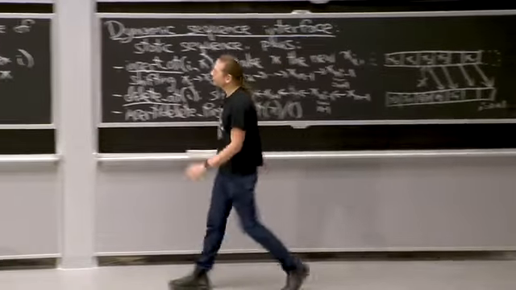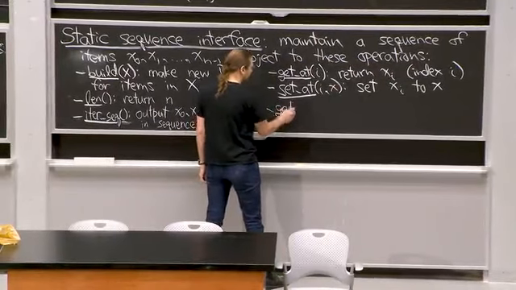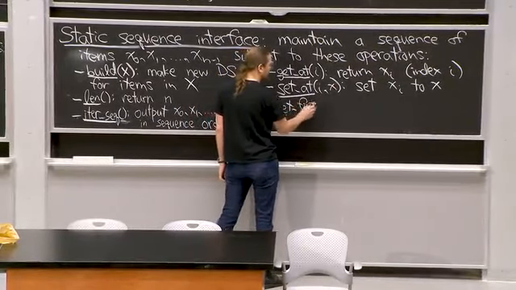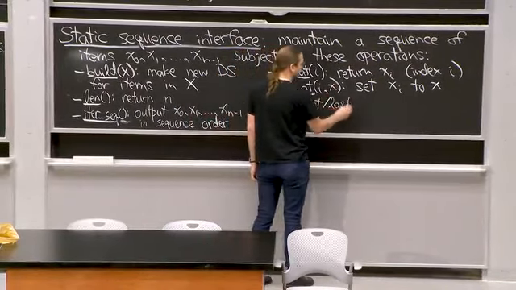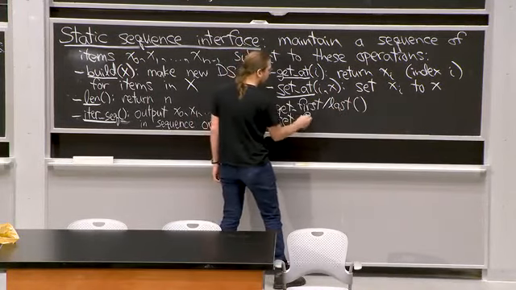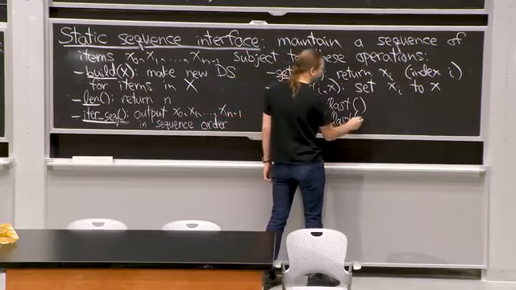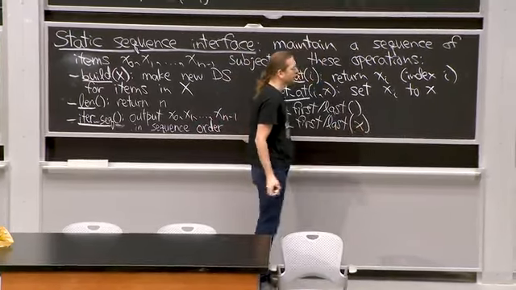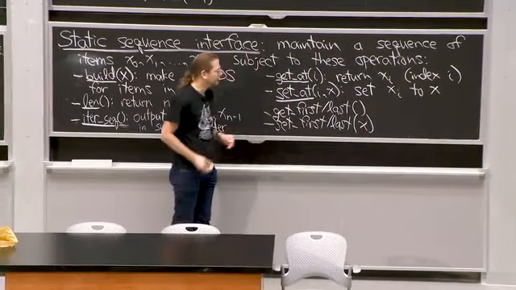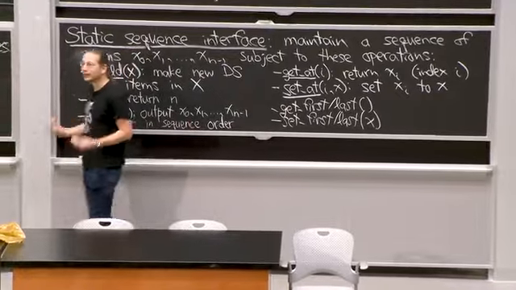And we're also interested in the similar things here. We could do get first or last, or set first or last. Okay, which are the obvious special cases of get at and set at. Now, these special cases are particularly interesting in an algorithms context.